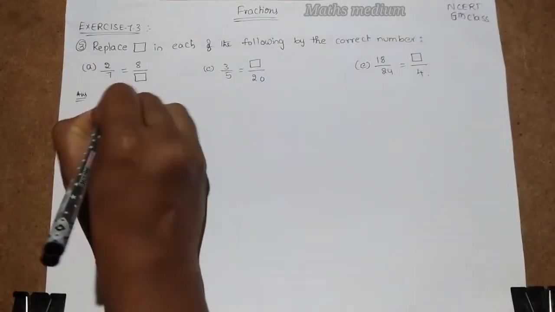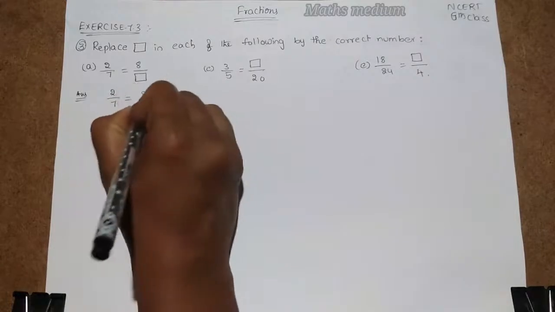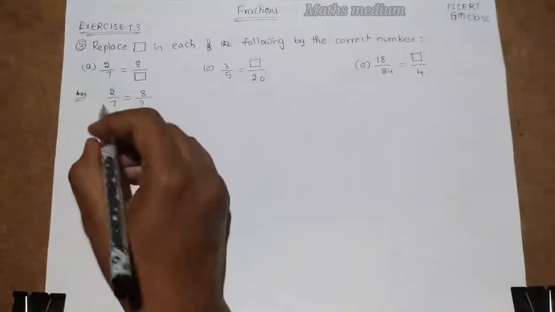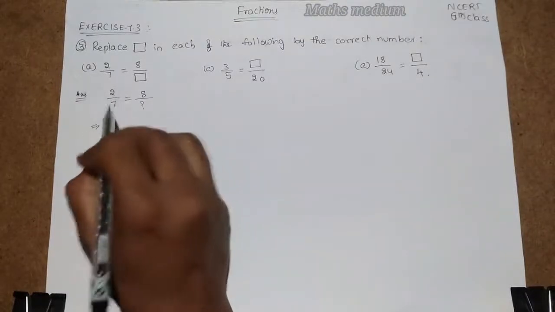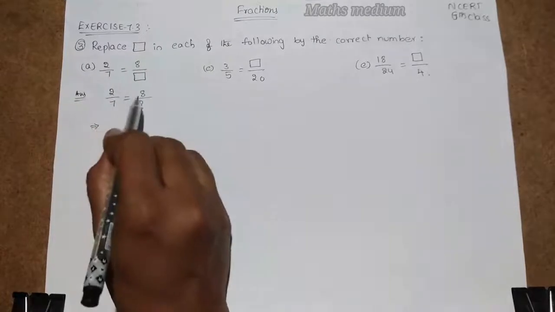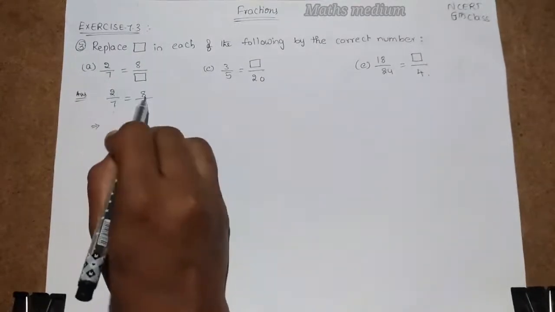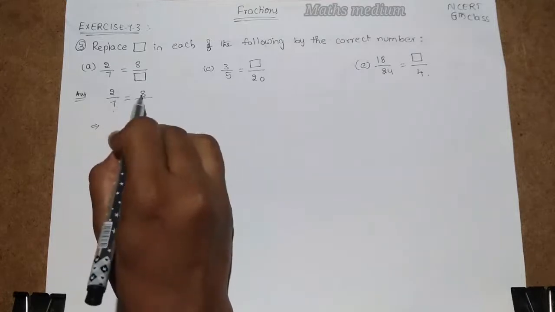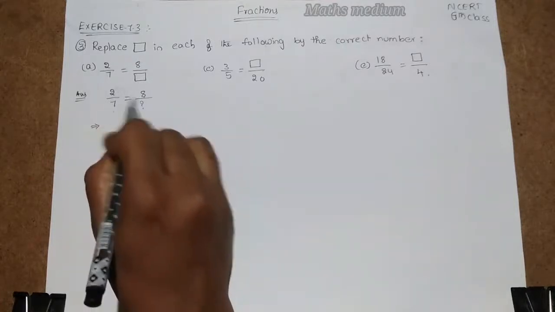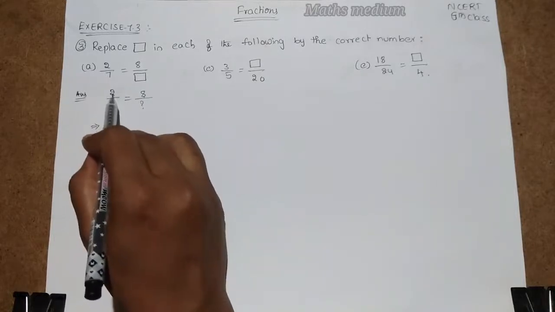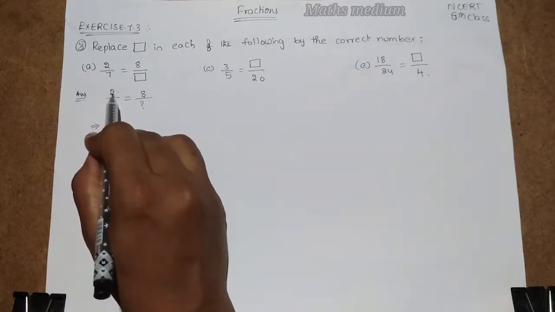This is the question: 2 by 7 is equal to 8 by, we have to find. So we know that in equivalent fractions, both numerator and denominator are multiplied or divided by the same number. Here the numerator is bigger, so it is multiplied by some number. We know the 2nd table. In the 2nd table, how do we get the number 8? 2 1s are 2, 2 2s are 4, 2 3s are 6, 2 4s are 8.